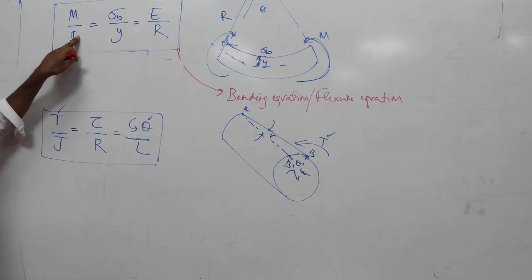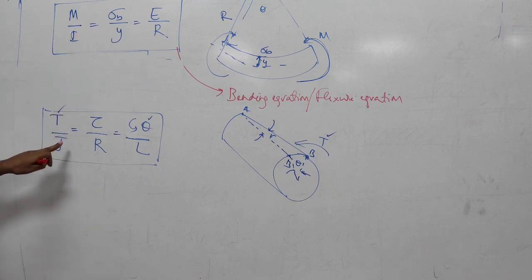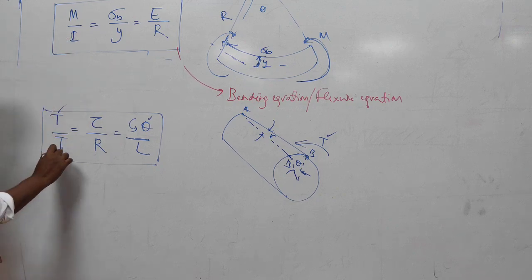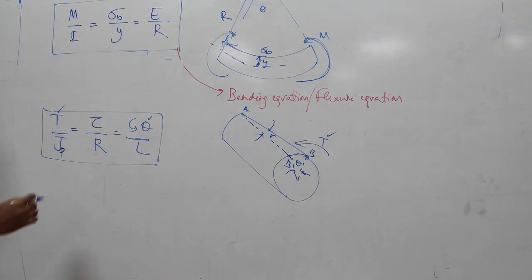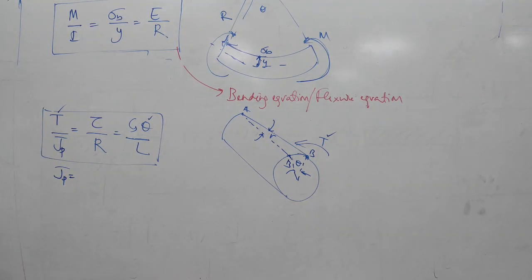And here, you have got this I, which is bd cubed by 12. And here, this stands for what people write as J_p. J_p stands for polar modulus, the polar moment of inertia.